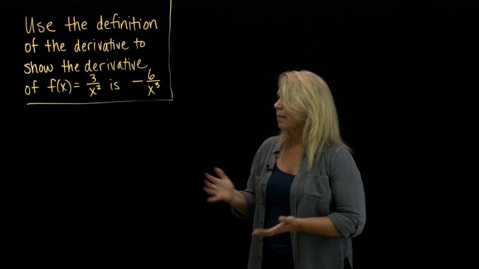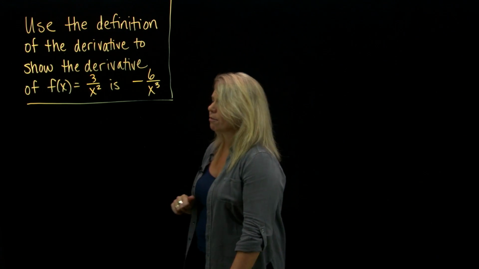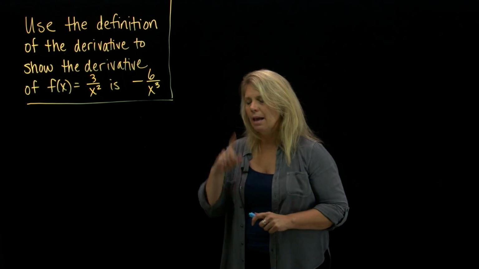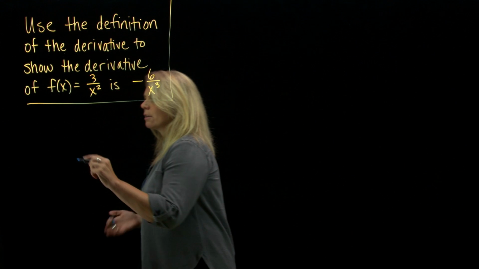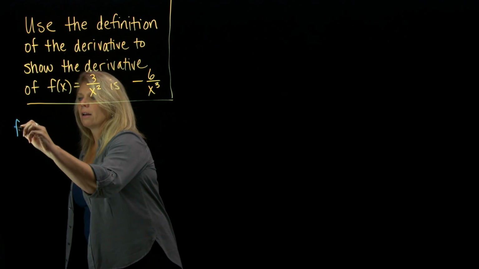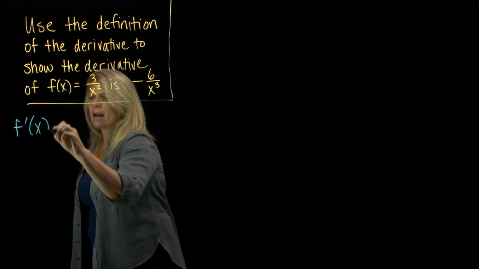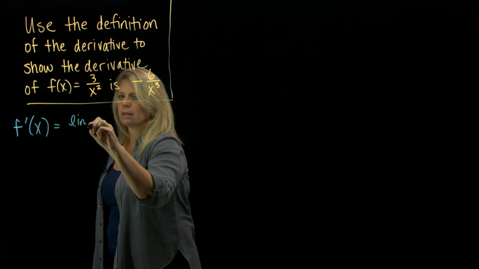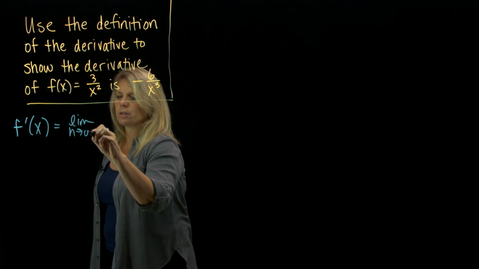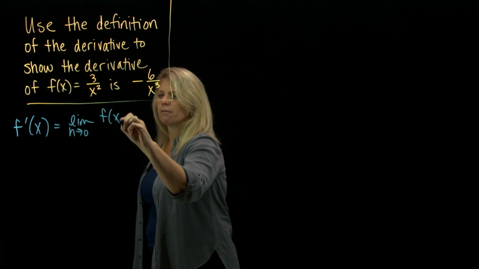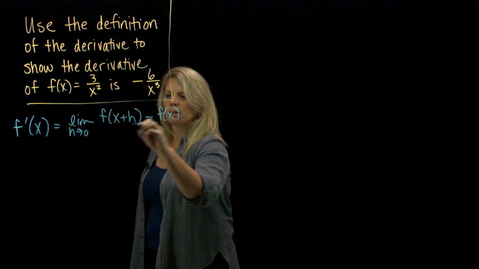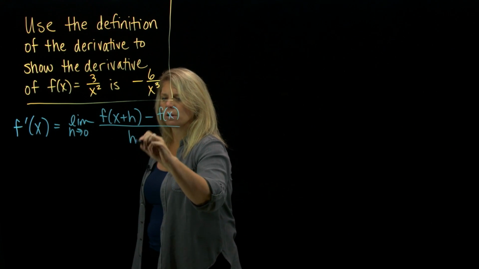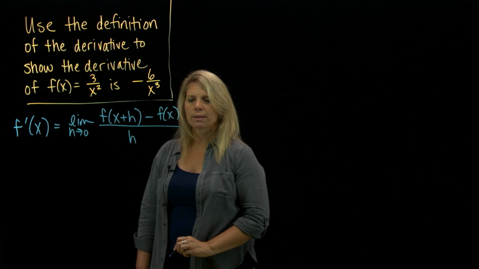Okay, so the first thing we need to do is remember that definition of the derivative. So hopefully when I say that, you think about something that involves a limit and an h. So let's go ahead and write that down. f prime of x is equal to the limit as h approaches 0 of f of x plus h minus f of x all over h for all values of x for which that limit exists.